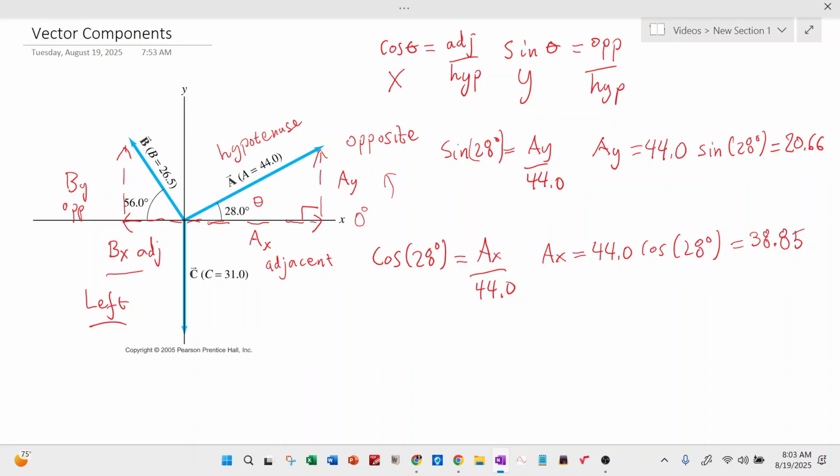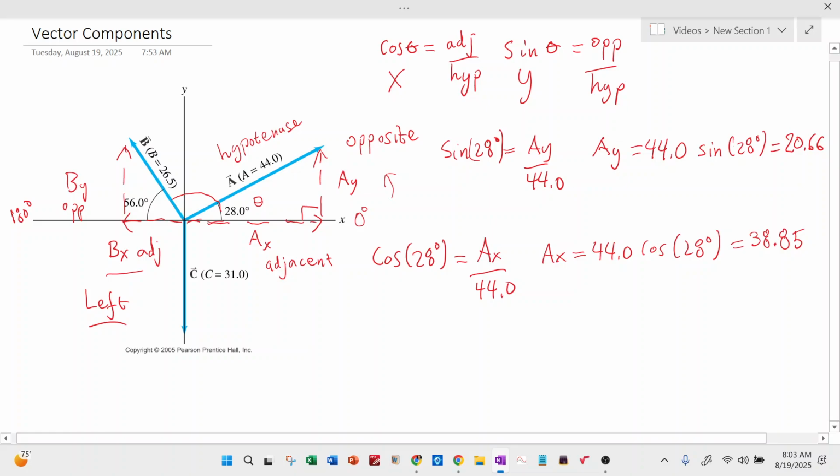The other thing I can do is just give that angle from 0 degrees. So let me explain what I mean there. All the way from 0 to here is 180 degrees. So this angle is going to be 180 minus 56 degrees. That's 122 degrees.